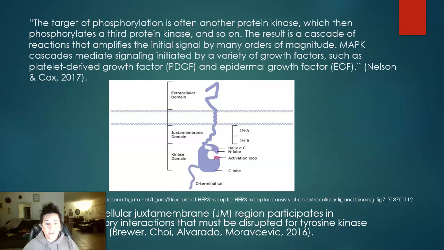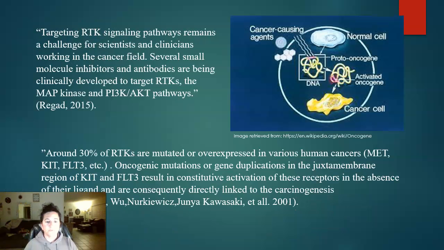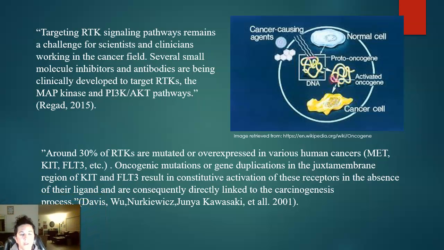So that intracellular juxtamembrane region participates in an autoinhibitory interaction that must be disrupted for tyrosine kinase activation. Targeting those receptor tyrosine kinase signaling pathways remains a challenge for scientists and clinicians working in the cancer field.